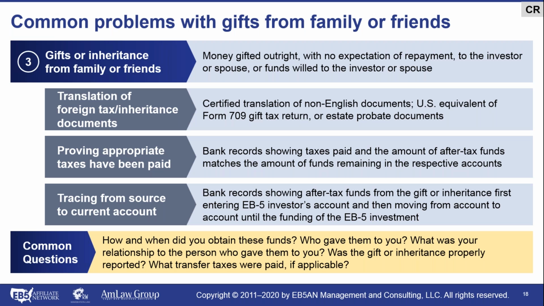I would say, depending on the country, in some countries, 80% of EB-5 funds are gifted by family members. And for other countries, such as Russia and Eastern Europe, maybe 20 to 30% of sources of funds may have a gift element to them. There's nothing wrong with the gift. We just need to show that the source of the funds for the person who's making the gift is also lawful.